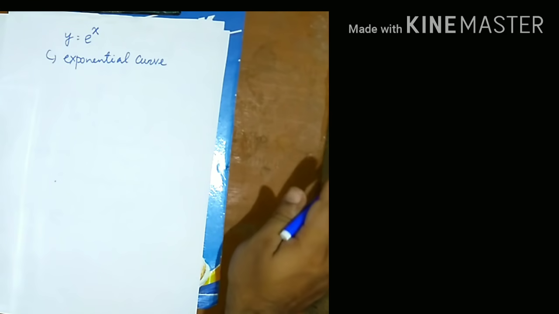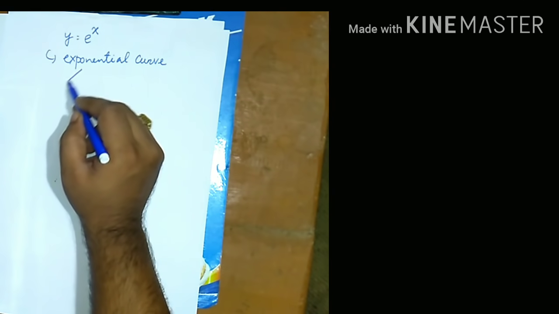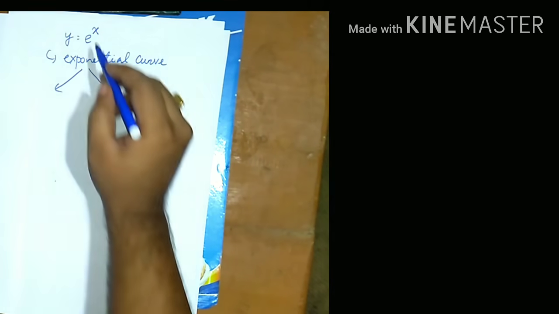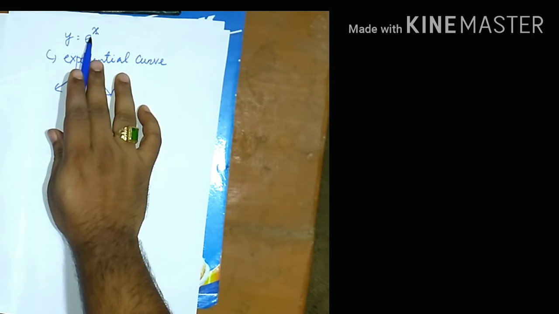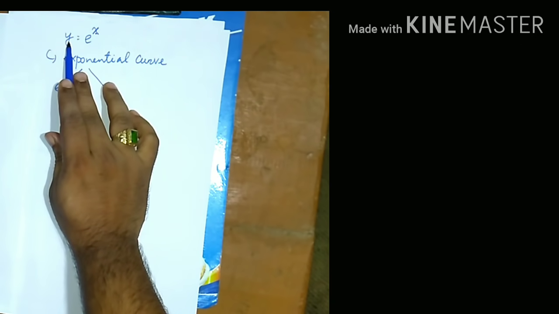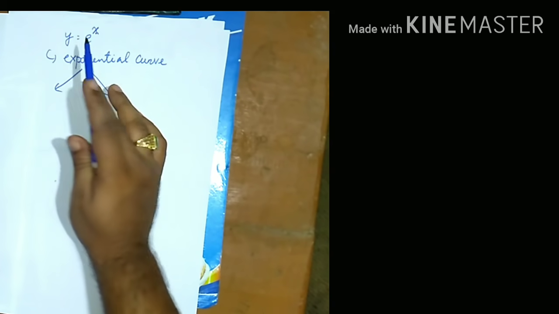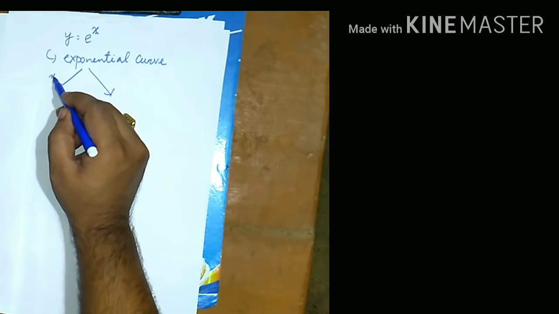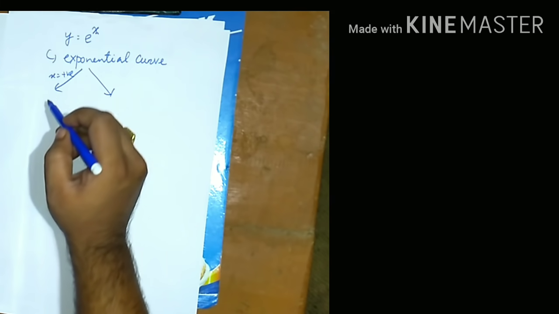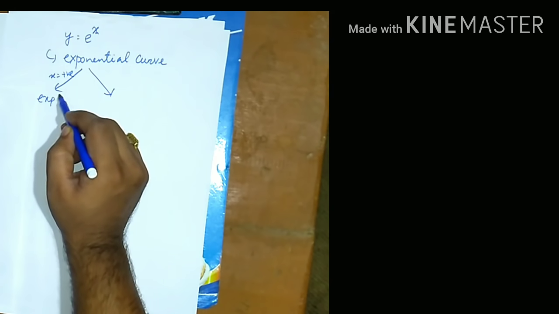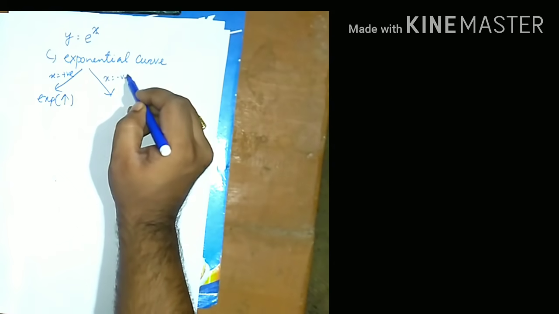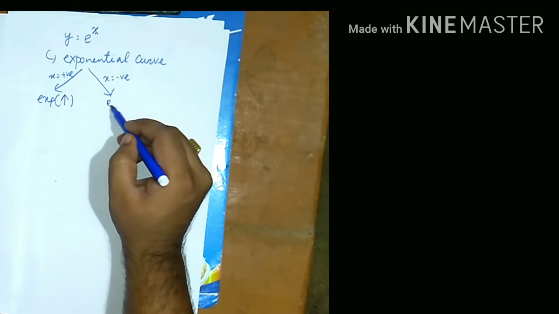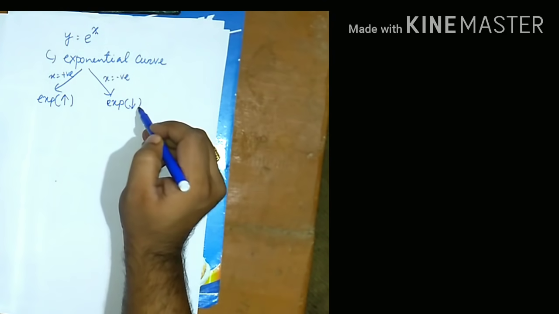One more thing, this exponential curve is again of two types. When x is positive, y is also positive. That's why, if x is positive, remember, then it is called exponentially increasing curve, and if x is negative, then it is called exponentially decreasing curve.